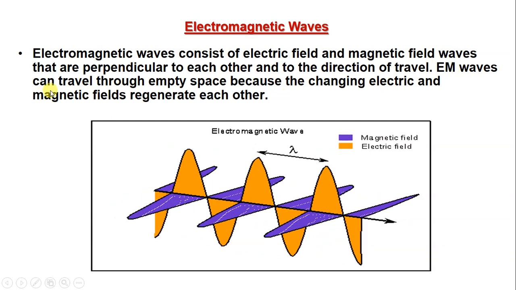Electromagnetic waves can travel through empty space because the changing electric and magnetic fields regenerate each other. They are feeding each other. So that's why the light can travel through empty space. It doesn't rely on matter, such as sound does; it relies only on these two, electric field and magnetic field.